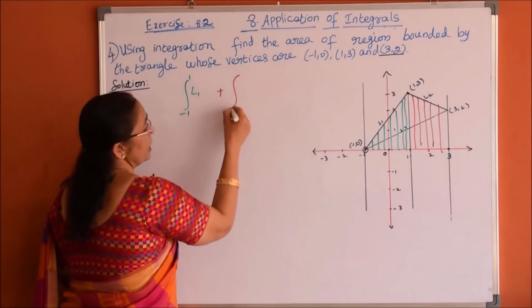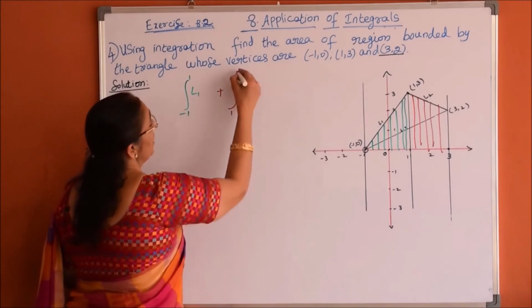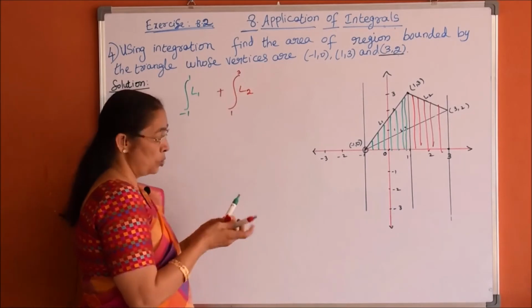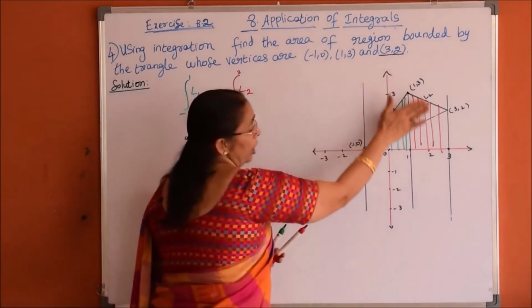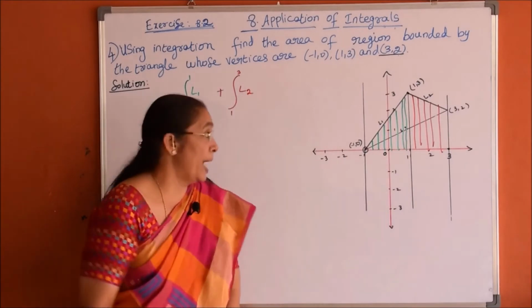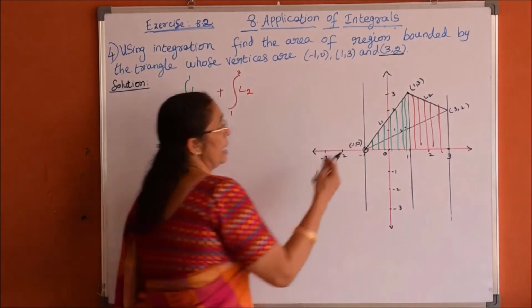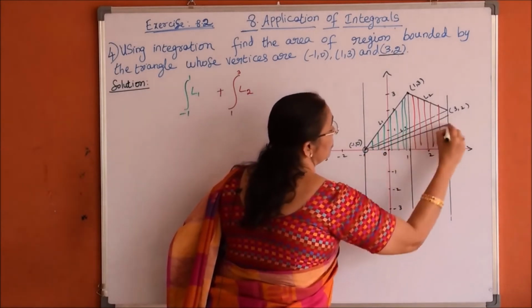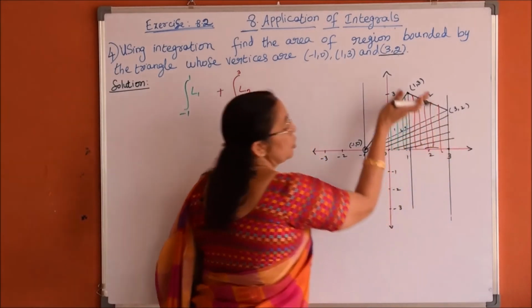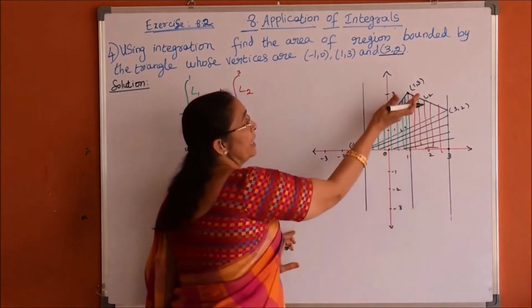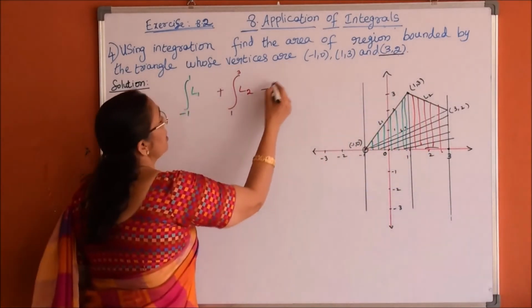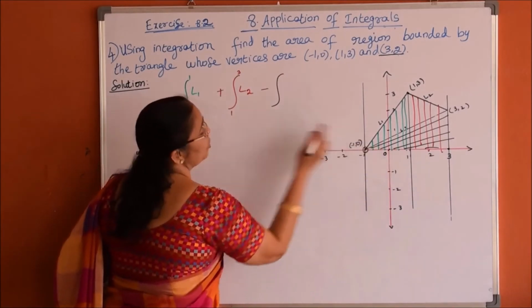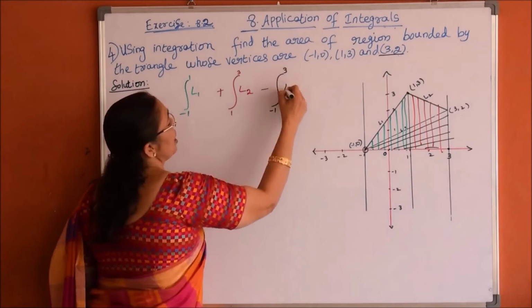So, plus integration of x is equal to 1 to x is equal to 3 of the line L2. From these two additions, we will get this full area. So, we have to subtract the area covered by the line L3, this area. So, when we remove this area, we get our required area: minus integration from minus 1 to 3 of L3.